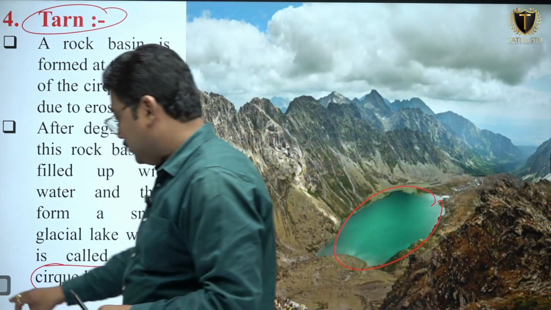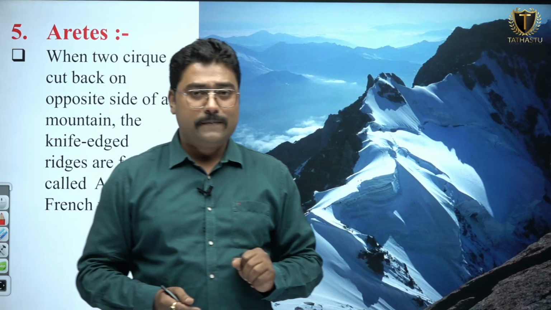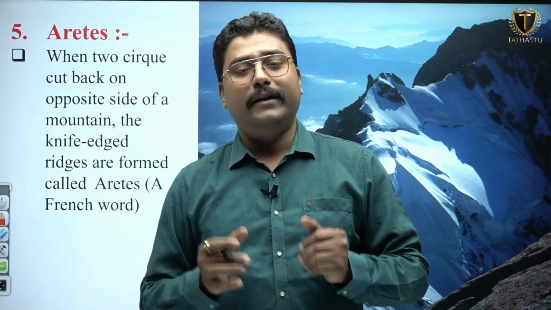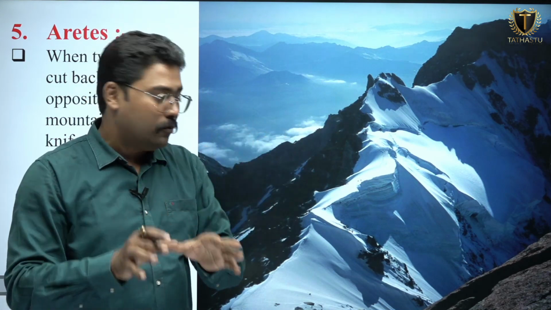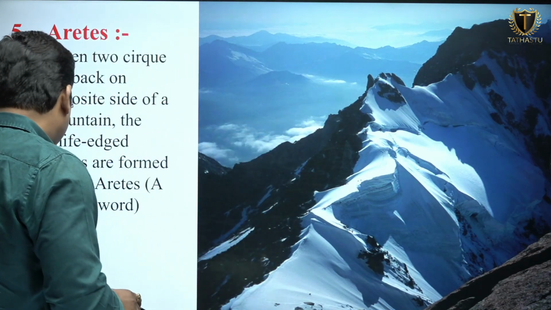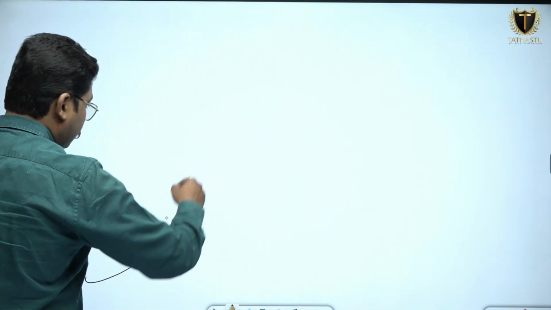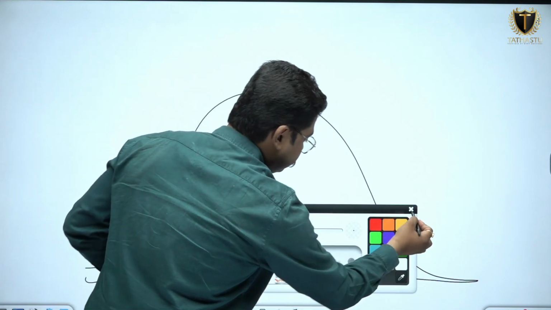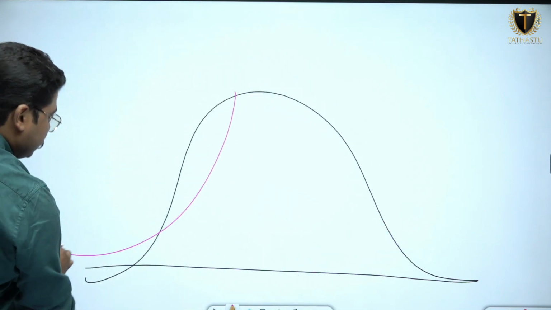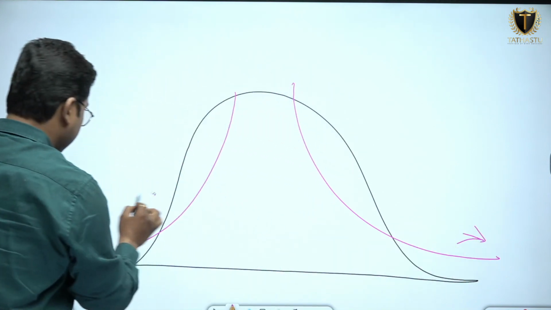After the cirque lake, the next feature which will be formed will be arêtes. Now the question comes, what are arêtes? We saw the formation of a cirque on one slope, but when the formation is on both slopes, means this was the mountain and now two glaciers are moving in two opposite directions simply.